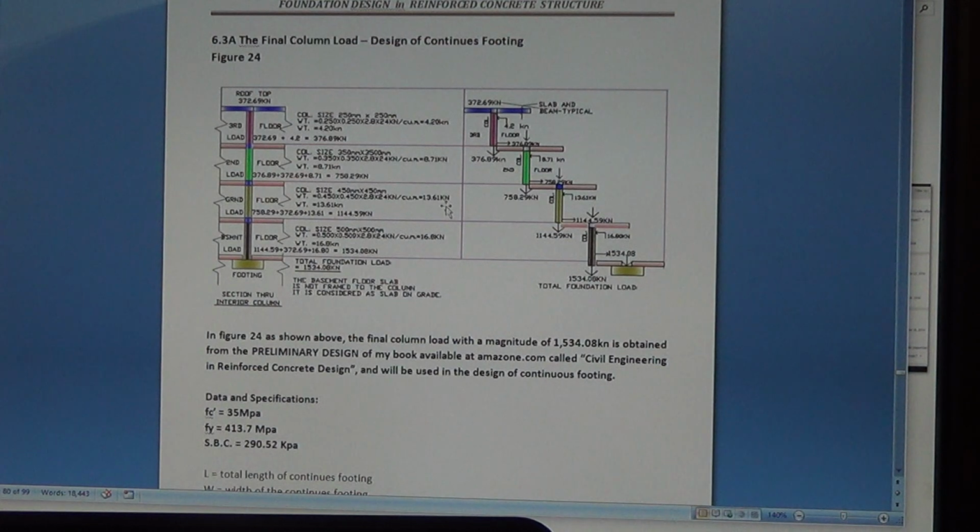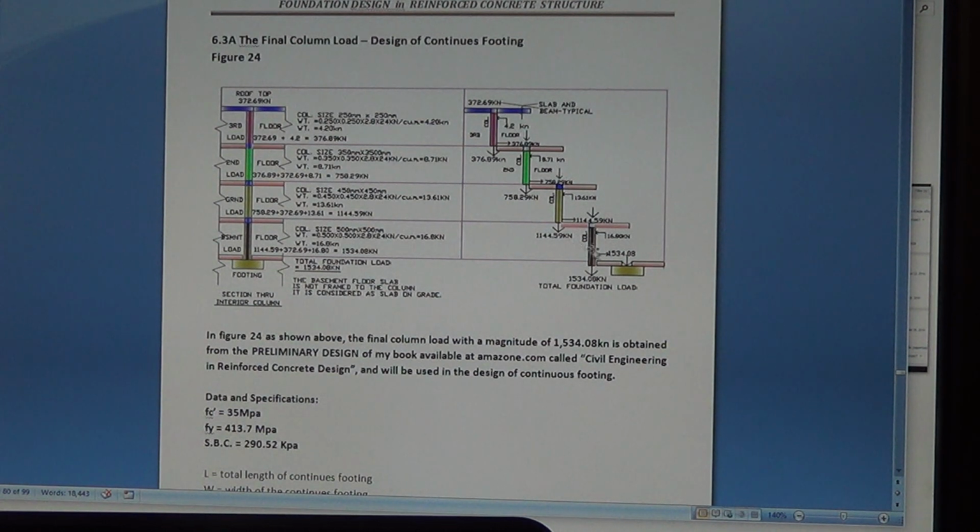And this is taken from the first book, the preliminary design book, to determine the final column load that is used for design. Before you get this, there's a lot of work. You got to design the slab, the beam, the girder, and the column. You got to design that and then calculate the weight, all of that, from the roof all the way down to here.